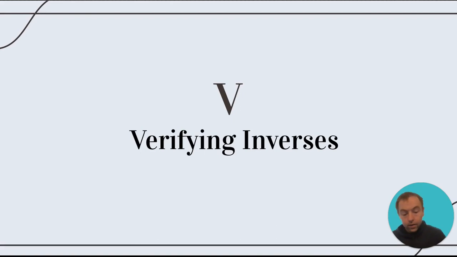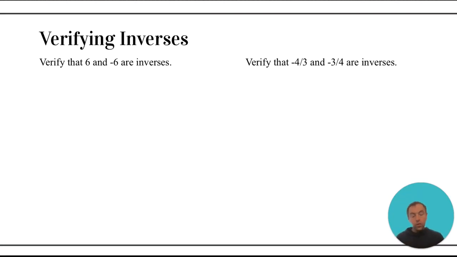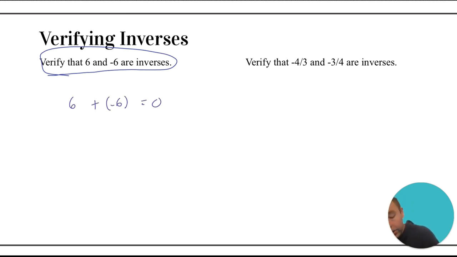So along the idea of inverses, we want to be able to understand the relationships between functions that are inverses of one another. So harkening way back to the beginning of all of this, we can show that 6 and -6 are inverses because if you add them, they cancel one another out.